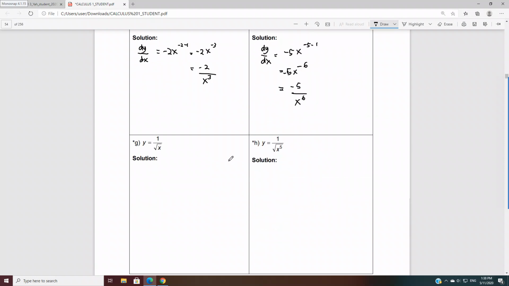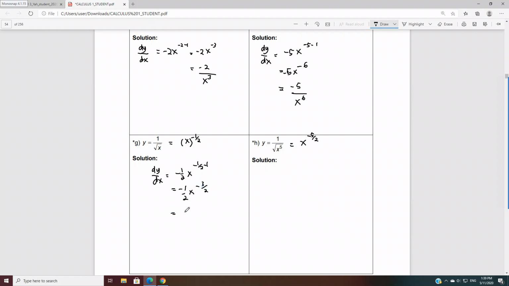Okay, so yang ni pun tukar dulu lah kan. Yang ni akan jadi x to the power of negative 1 over 2. Yang ni x negative 5 over 2. Okay, so differentiate dia, negative 1 over 2 x negative 1 over 2 minus 1. Okay, akan dapat negative 1 over 2 x negative 3 over 2.